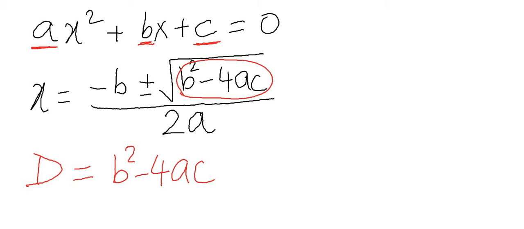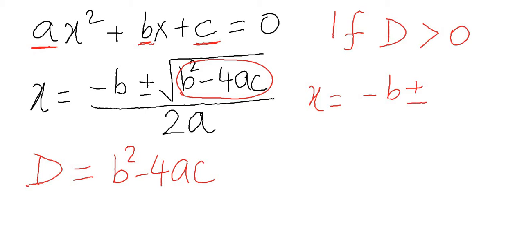Alright, so now let's see what if the value of D is greater than 0. So if D is greater than 0, say it's a number, say 4, then you have x equals minus b plus or minus square root of 4, which is, I'm just making up a number, so square root of 4 would be 2, over 2a.